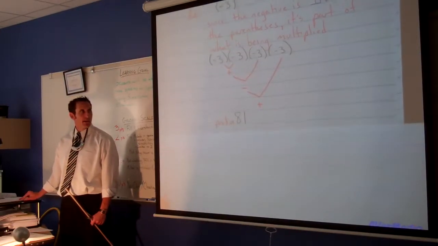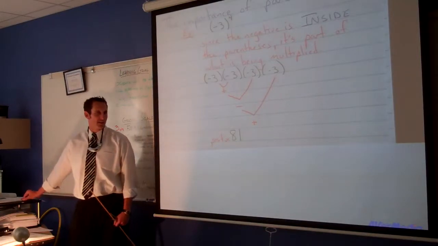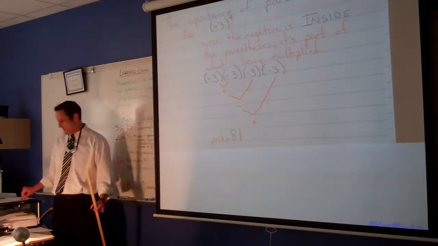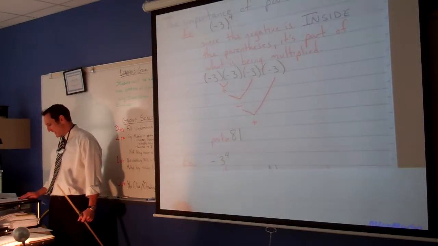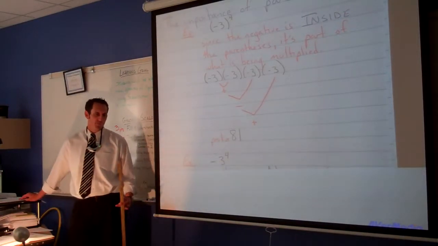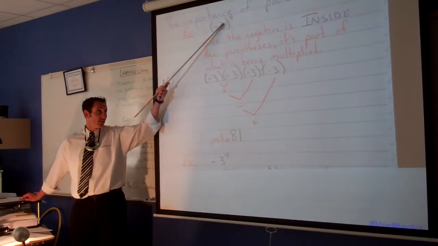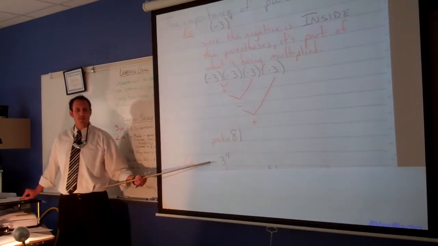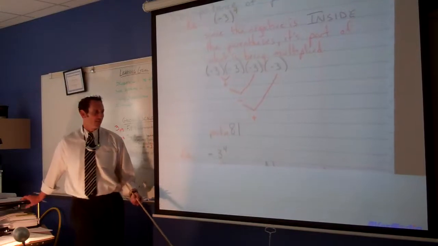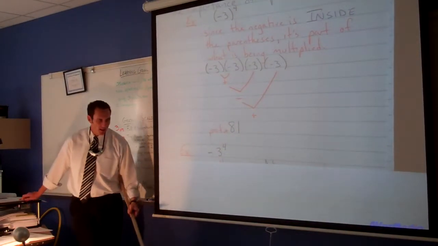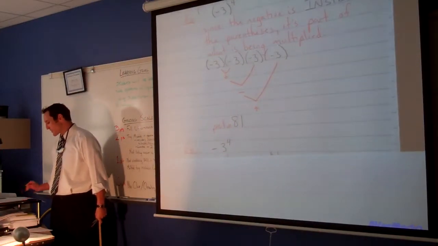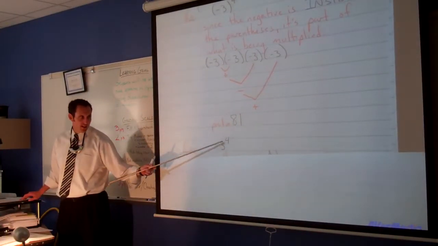But again, we're remembering the power of parentheses. I had that previous example where the negative was inside the parentheses. But what about this example if the negative is not in parentheses? We're going to compare this with this so that we can understand the importance of parentheses. In this second example, that negative is not inside the parentheses, so that negative is not being raised to the 4th power.